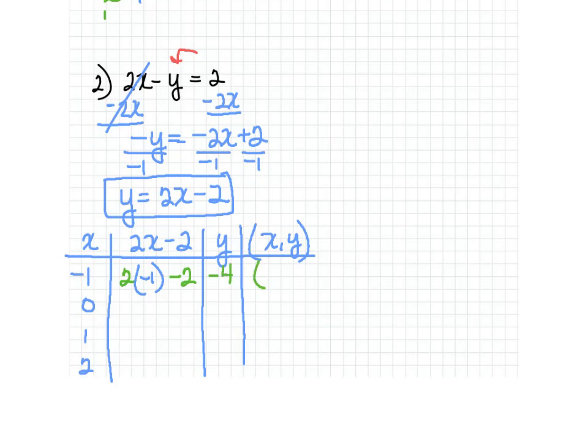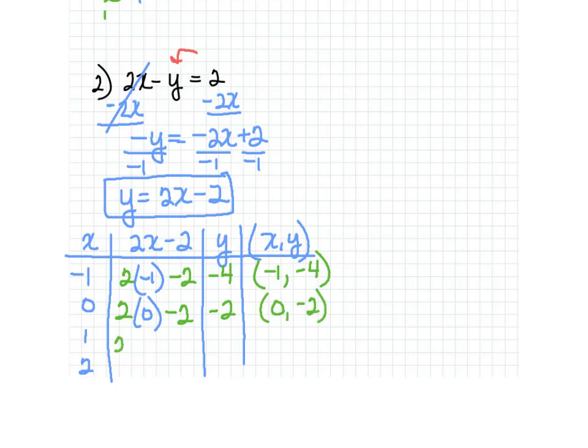So where x is -1, y is -4. Let's substitute 0. 2 times 0 is 0, and 0 minus 2 is -2. So where x is 0, y is -2.